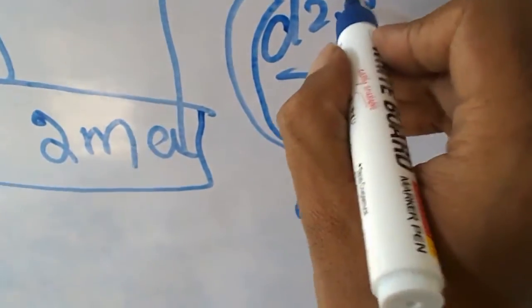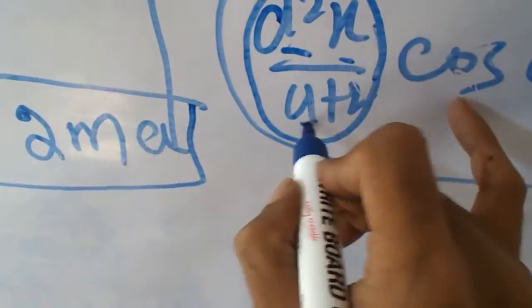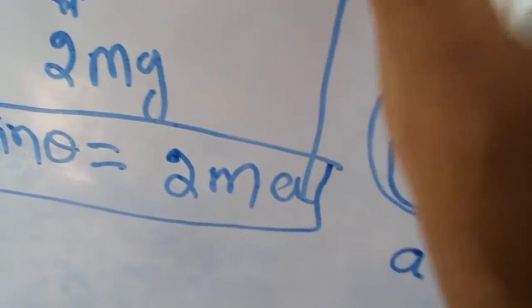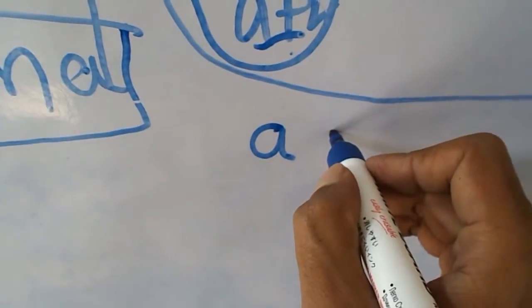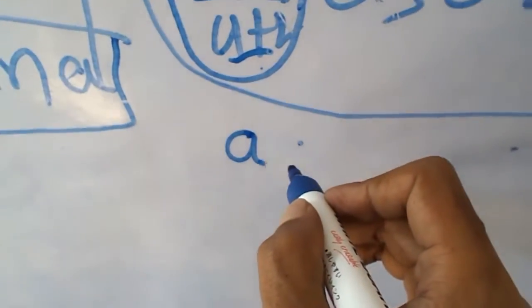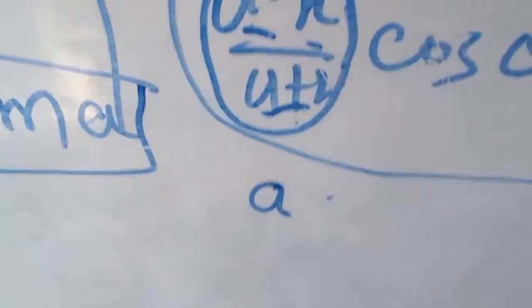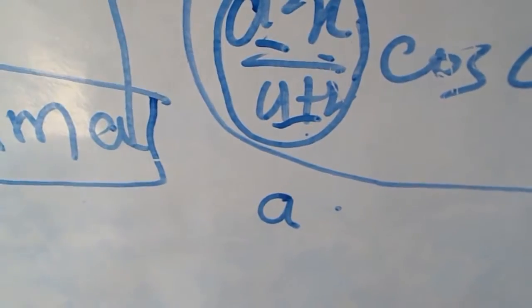What is d2x by dt2? This is the acceleration of the prism, which is A. This is not cos theta, this is sin theta, because this angle is theta, this will be 90 minus theta, this will be sin theta.